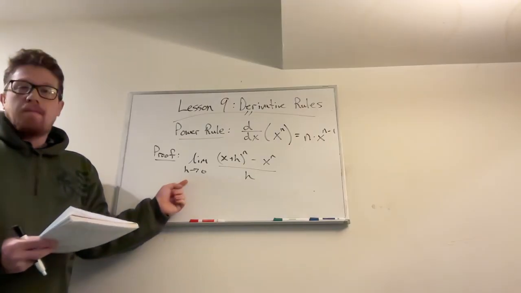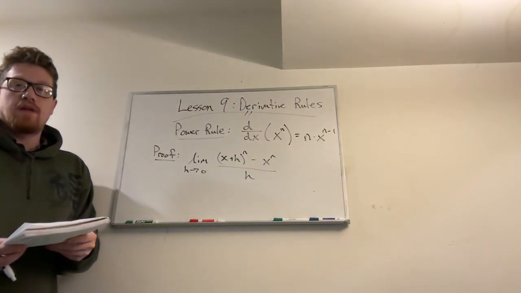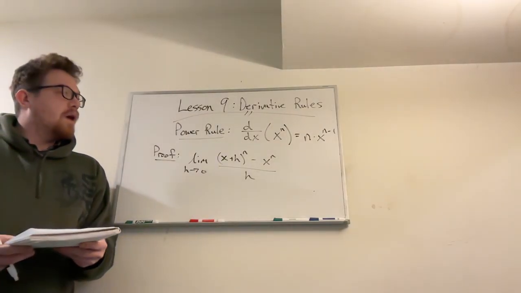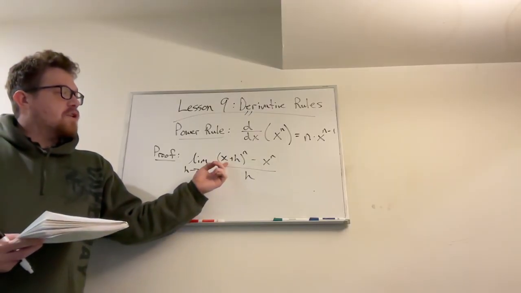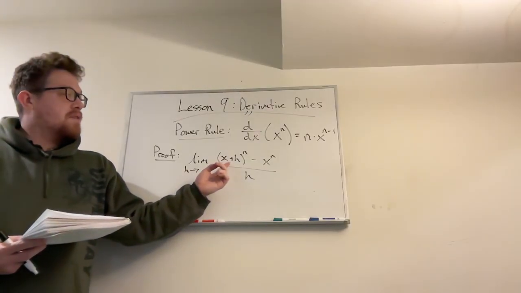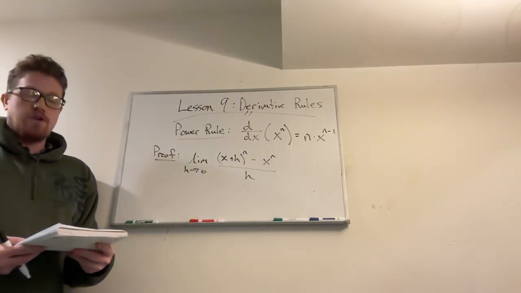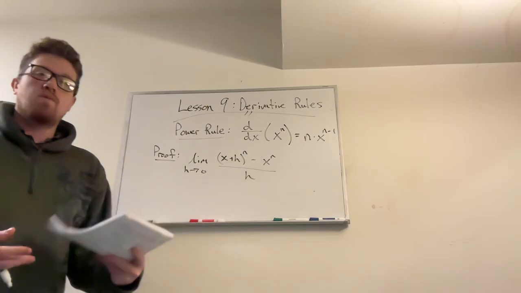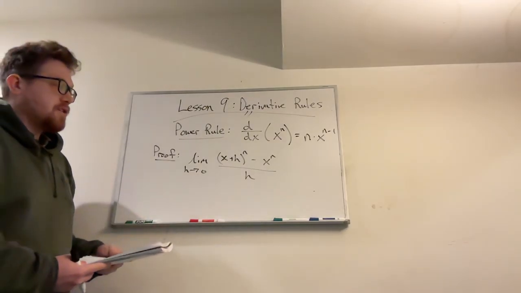And really this whole problem just comes down to how we expand the x plus h to the n using the binomial theorem, or binomial expansion, as it's sometimes called. Basically, if we multiply that all out, we would get some polynomial in x and h. And the binomial formula tells you what the coefficients are. We need these n choose k coefficients.